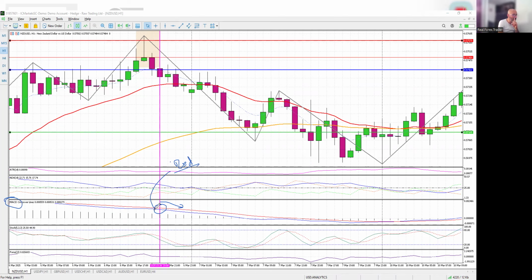But the red line is above the blue line, and that is a good indication. Another thing that I have to observe is the behavior of stochastics. Stochastics is sloping down, and the dotted red line is above the green line. That is a good indication that the move is in this moment heading downwards, right?